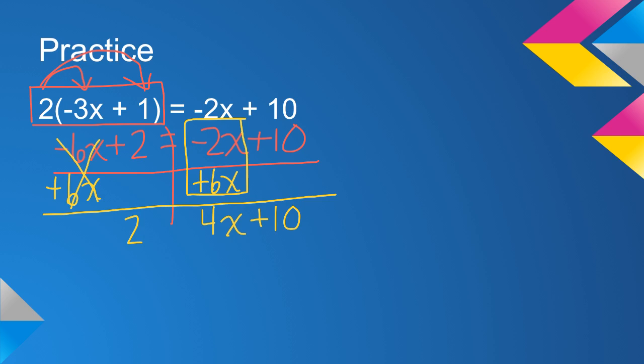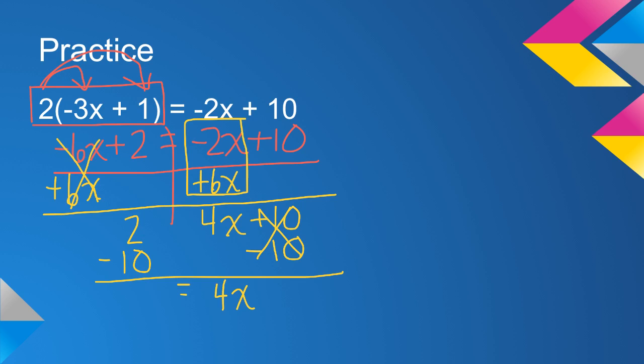So now, on the right-hand side, I have to separate those. And because I have constants on the left, let's go ahead and remove that constant. A positive 10 and a negative 10 will cancel. That leaves 4x on the right.